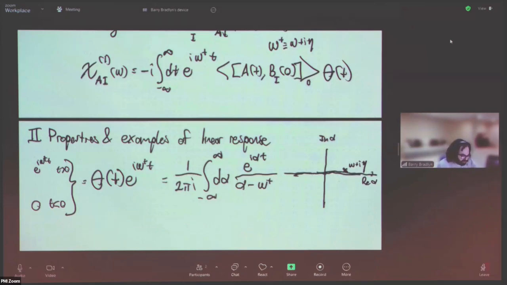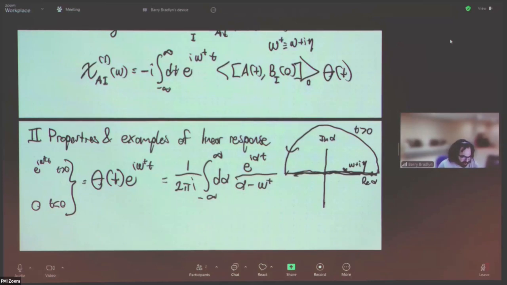So if t is positive, then if the imaginary part of alpha is also positive, this is a decaying exponential. So when t is positive, I can do this integral by making a closed contour at infinity.